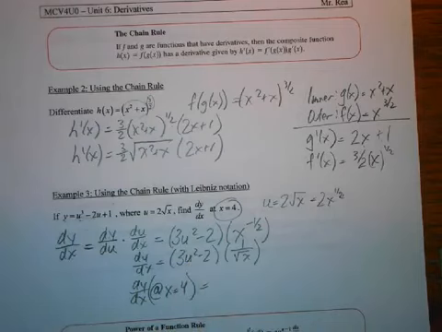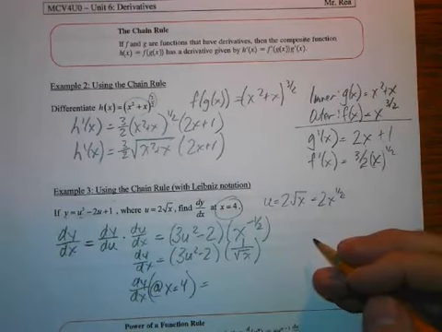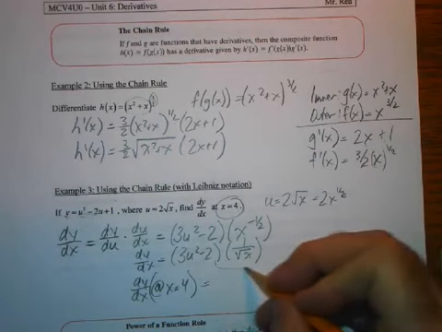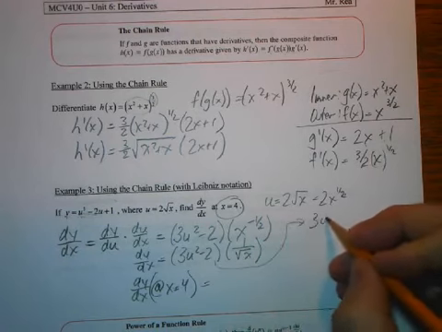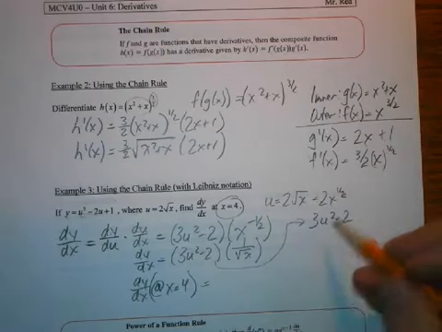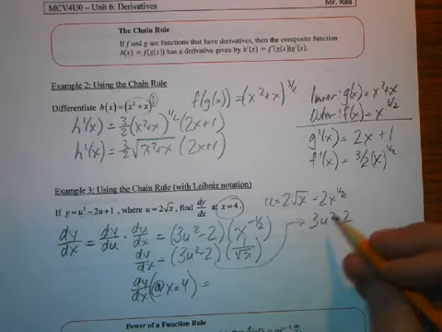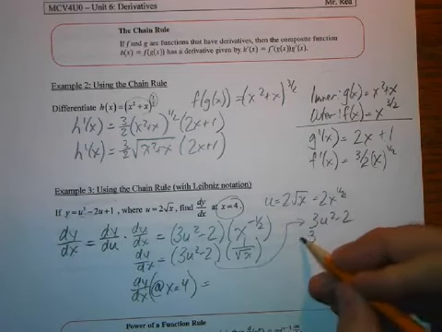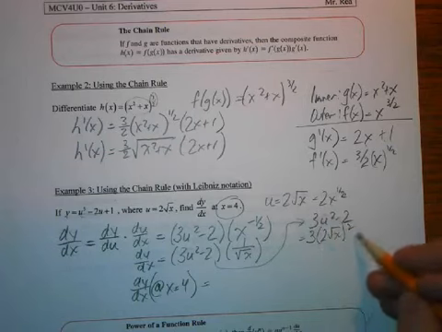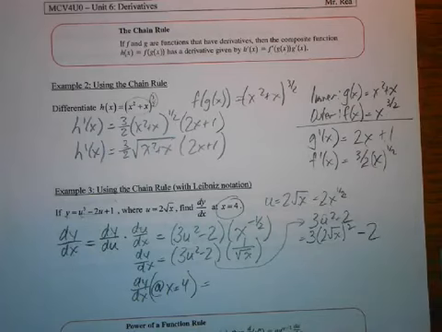So if I've got 3u squared minus 2, I'm going to put this in terms of x. Okay, so I know u is equal to 2 root x, so this is equal to 3 times 2 root x squared. So I'm just replacing the u with 2 root x, and then subtract 2.